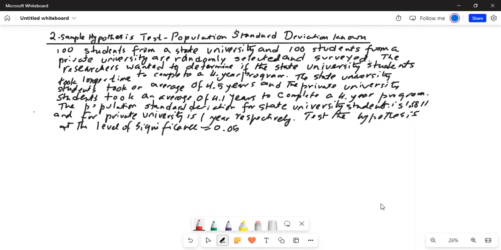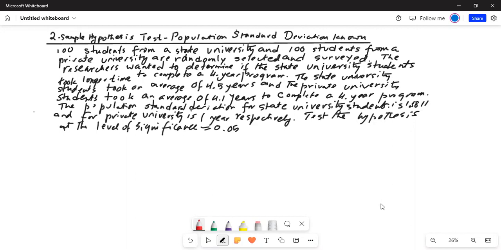100 students from a state university and 100 students from a private university are randomly selected and surveyed. The researchers wanted to determine if the state university students took longer time to complete a 4-year program.